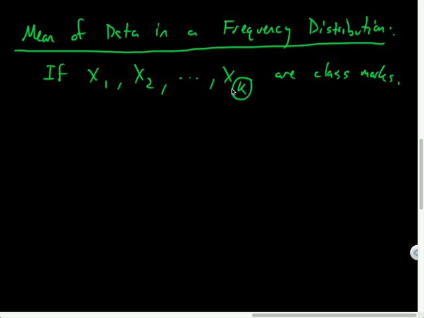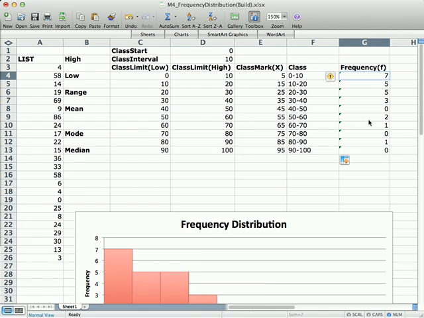It is the number of classes I have in my list. K would be the number of classes, right?